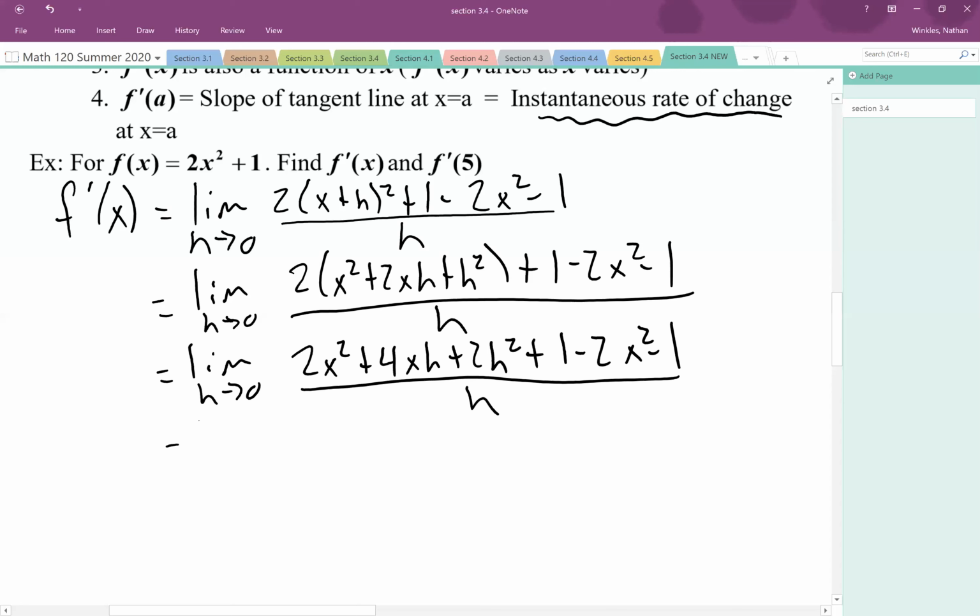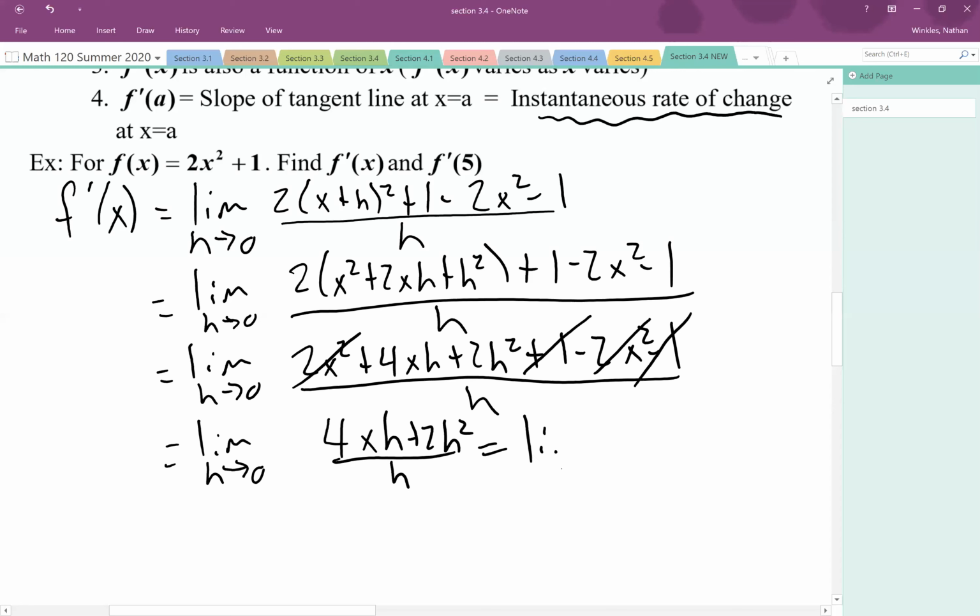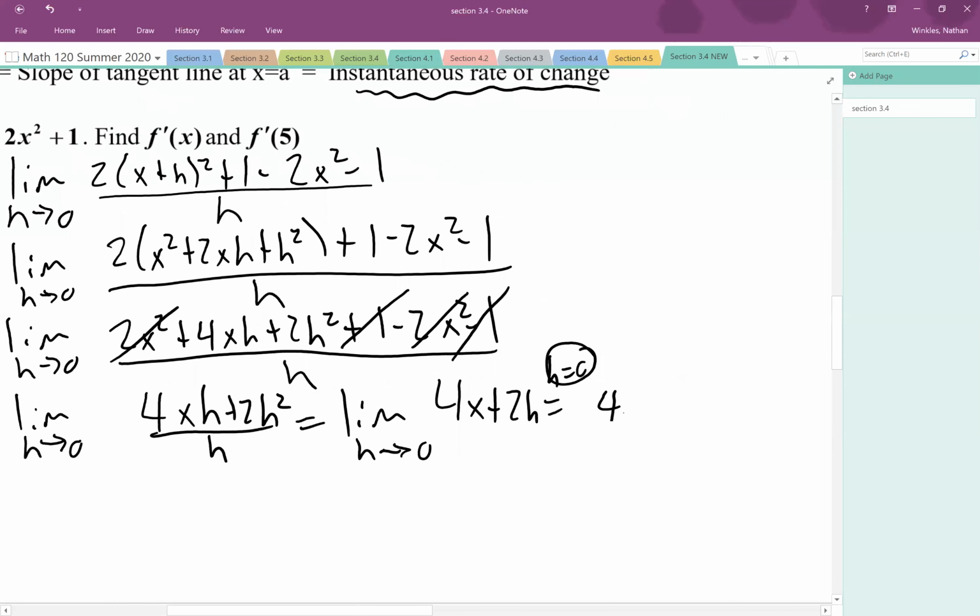So we're left with 4xh plus 2h squared all over h, which is the limit as h goes to 0. Notice that everything is divisible by h, so we have 4x plus 2h. At this point, let h equal 0. That gives us 4x. So this is our derivative f prime of x.